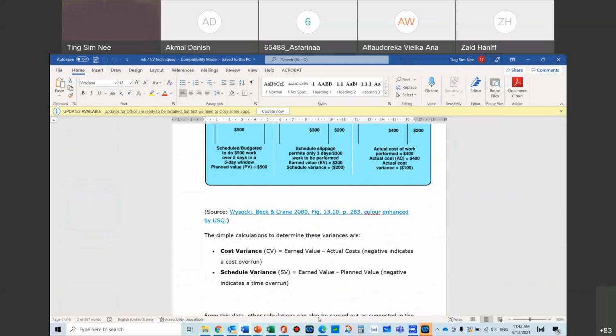So basically you need to know that over 20 months you are supposed to be having your PV: 20 months, and then you have your budgeted cost, which is 2 million each, that is 10 million ringgit. 10 million over 20 months. Okay, this is PV. So money that you're supposed to spend in 20 months is 10 million.